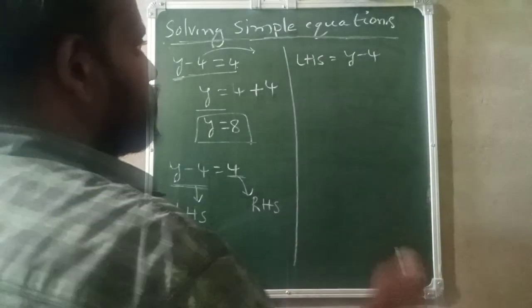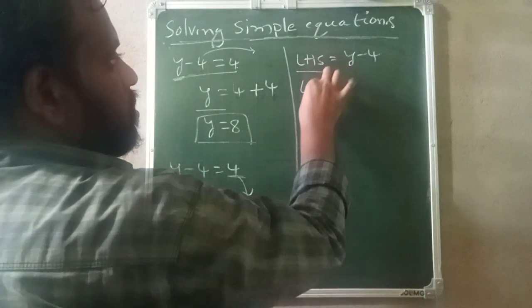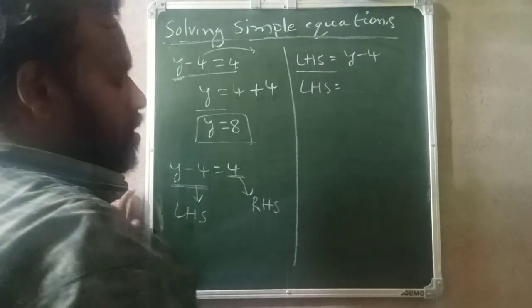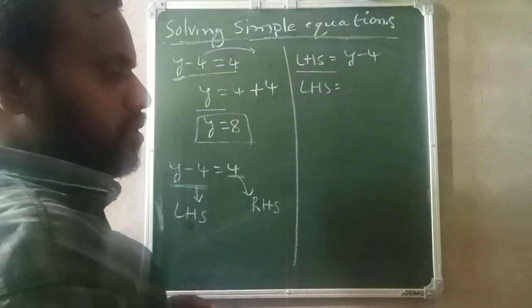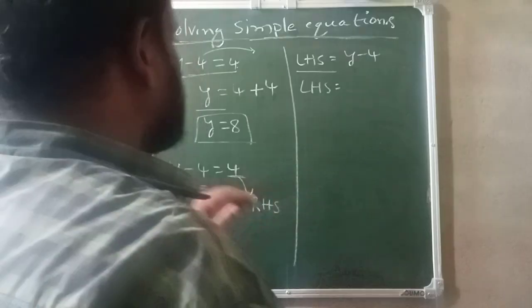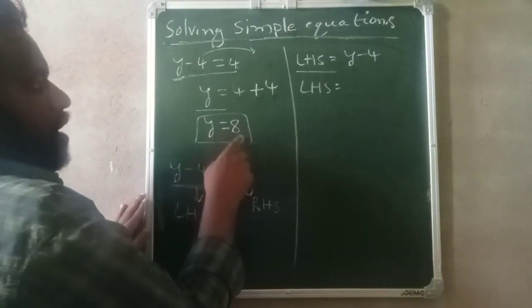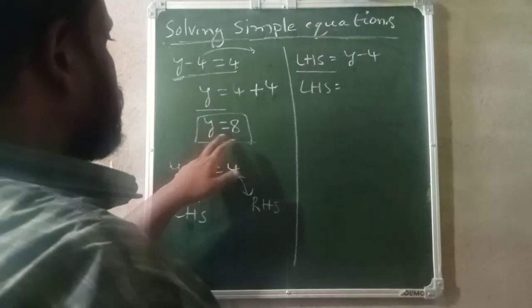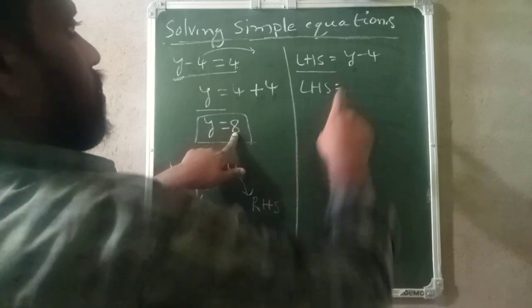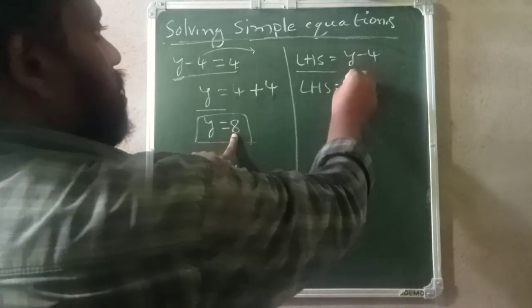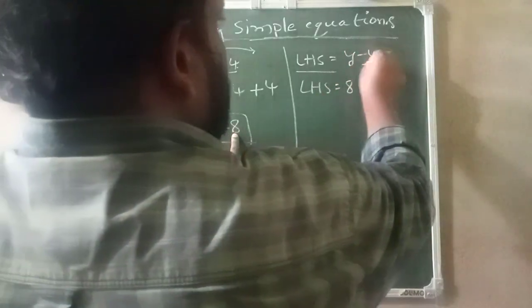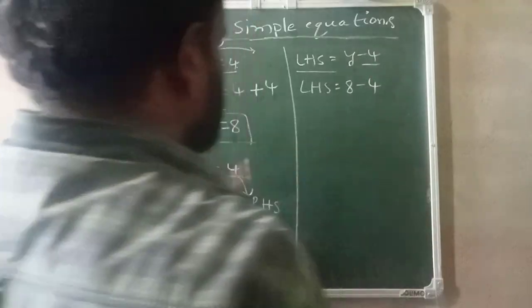Now next step, write this LHS is equal to, now substitute the value for y. So we have y is equal to 8. So value of y is 8. So in place of y, I am going to substitute this 8. Next, minus 4 you write as it is.